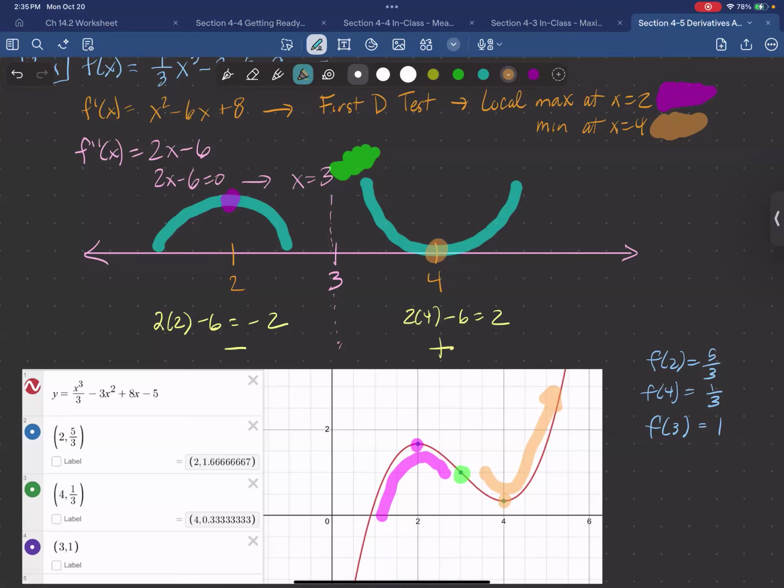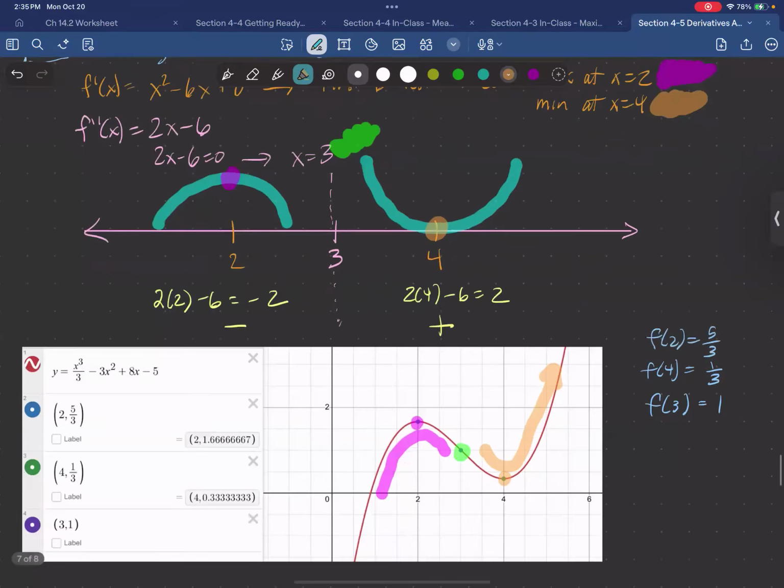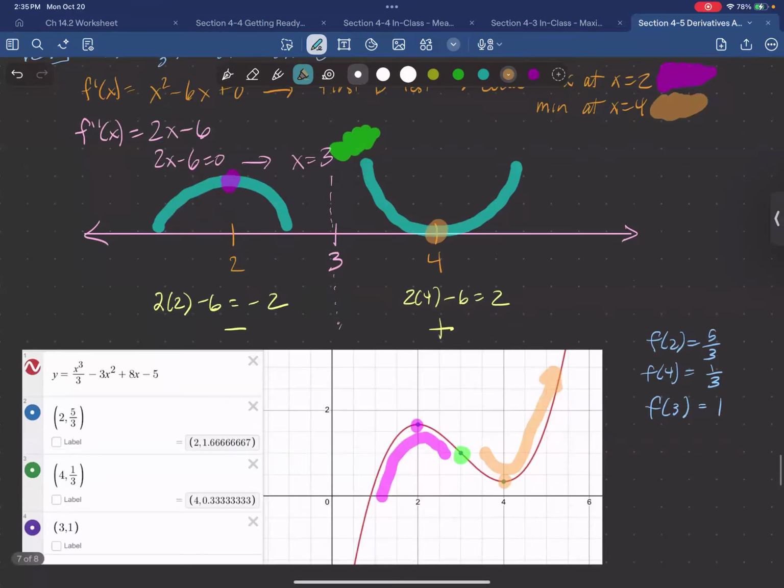It's kind of hard to eyeball that. Like, where exactly is that curvature, that concavity changing? So the second derivative will tell us, we set it equal to 0 to find those. That's called the inflection point.